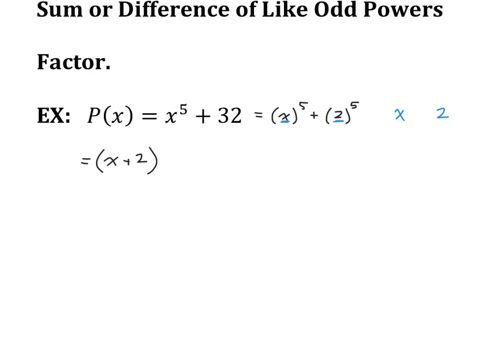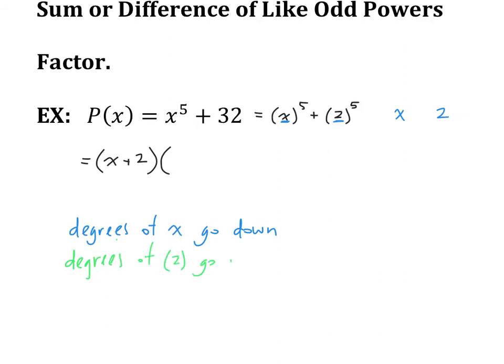Now, for our next factor, what's going to happen is the degrees of x, our first term, go down, and the degrees of 2 go up. So what do I mean by this?